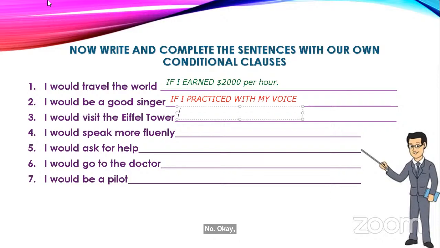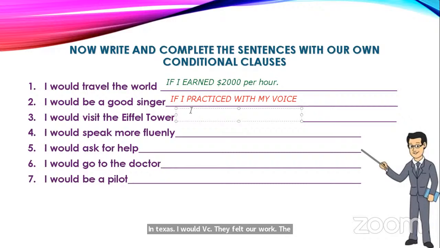Por ejemplo, yo visitaría la Torre Eiffel si tuviera dinero, si tuviera el pasaje, si supiera hablar otro idioma. It doesn't matter. Remember, it doesn't matter here because it's just hypothetical. No importa porque es hipotético. Todo lo que digan es hipotético, no se va a cumplir. Entonces, I would visit the Eiffel Tower, visitaría la Torre Eiffel, Miss Rocío.